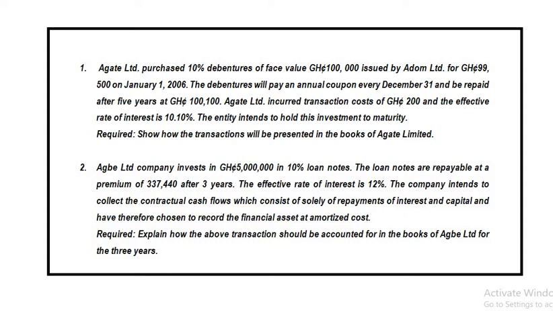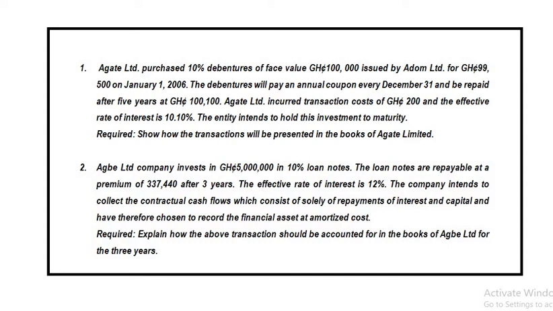So the effective interest rate is what ensures that your 1 cedi today will still have a value equal to the 1 cedi tomorrow. It is what makes the value of the financial asset grow over the period of time.